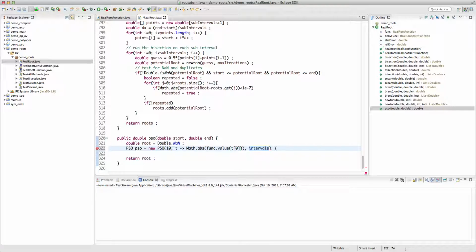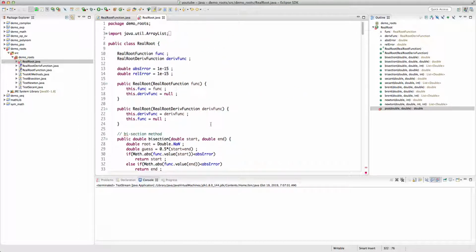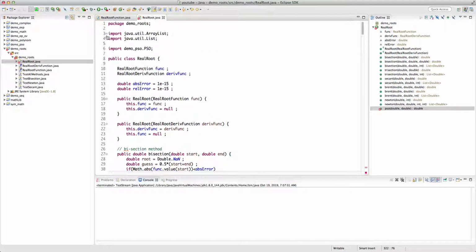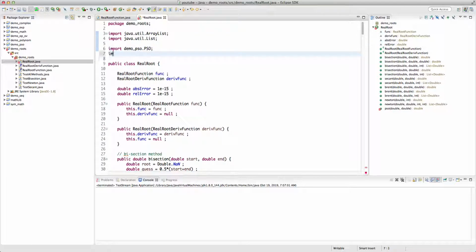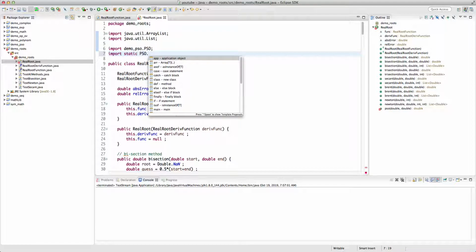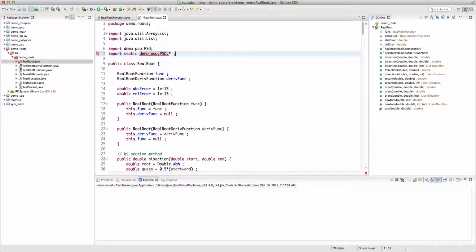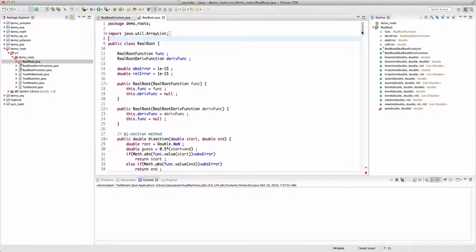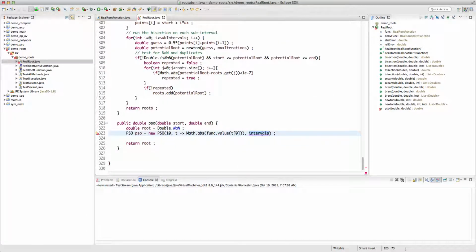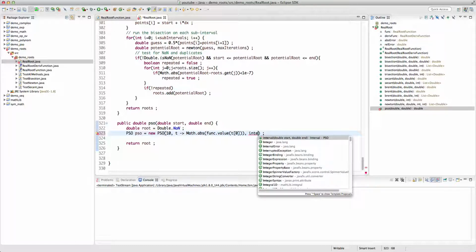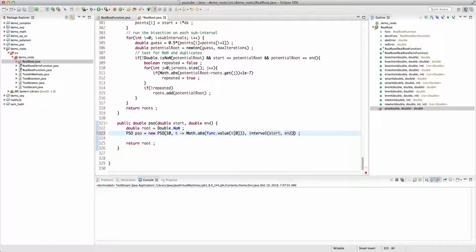And then the intervals, it takes an interval object. So in order to do that, let's go up here and from PSO I'm going to import all the static methods, import static PSO, everything, and we go back here. Now interval is a static method, and it's start and end.